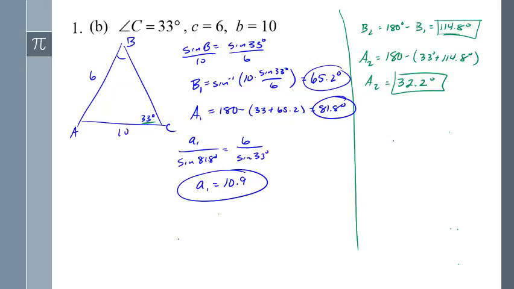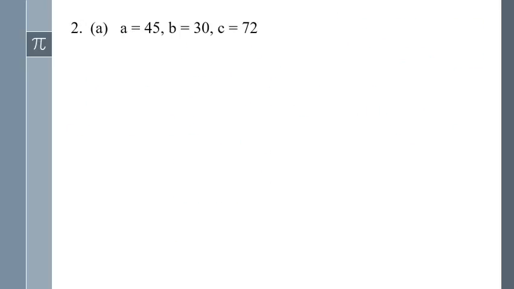There's my second angle, and then my last side, A2: the sine of 32.2 degrees over A2 is equal to 6 over the sine of 33 degrees. So A2 is going to be 5.9. Now I have two complete triangles, and that problem is finished.